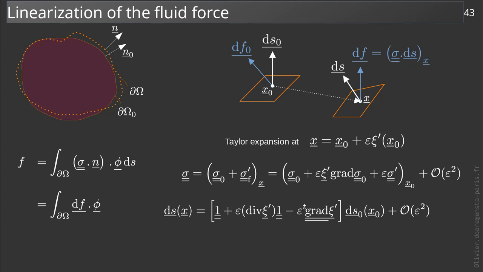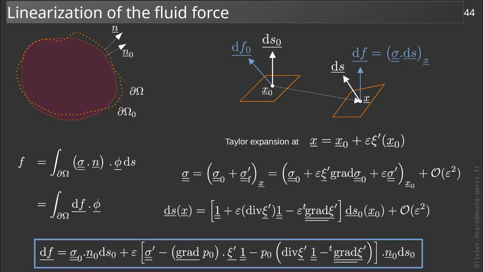We see that the oriented surface element is equal to the surface element in the reference state ds0 at x0, plus two terms of order 1 involving the divergence and the gradient of the displacement field. By taking the product of these two expansions and keeping only the terms of order 0 and 1, we obtain this expression, which involves only fields expressed in the reference position x0.